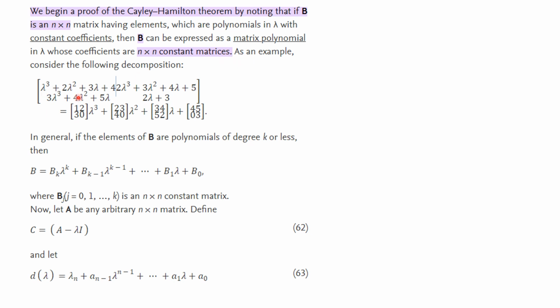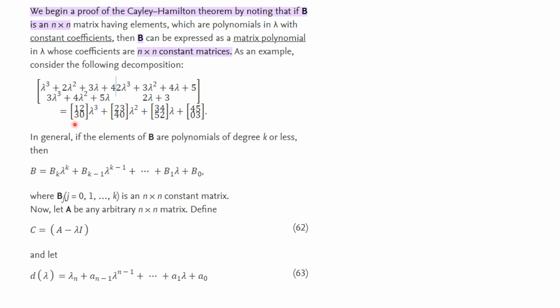So here you have lambda cubed all the way down to lambda plus 4 in that position. This should have been separated better. But the next entry over here in the first row, second column, is 2 lambda cubed plus 3 lambda squared plus 4 lambda plus 5. Here you have 3 lambda cubed plus 4 lambda squared plus 5 lambda. And here you have 2 lambda plus 3.